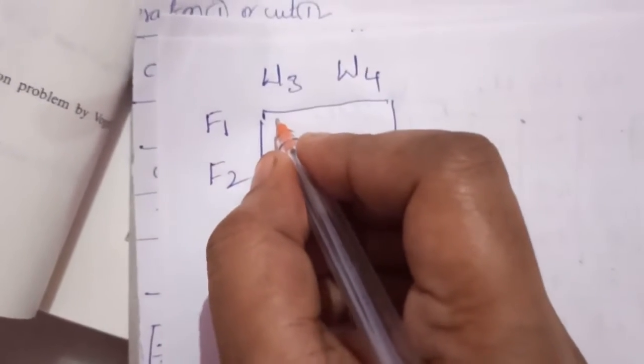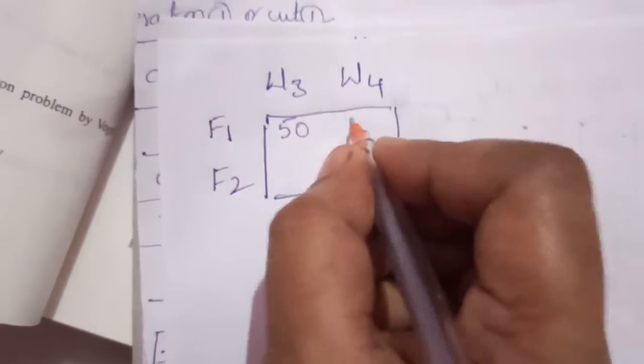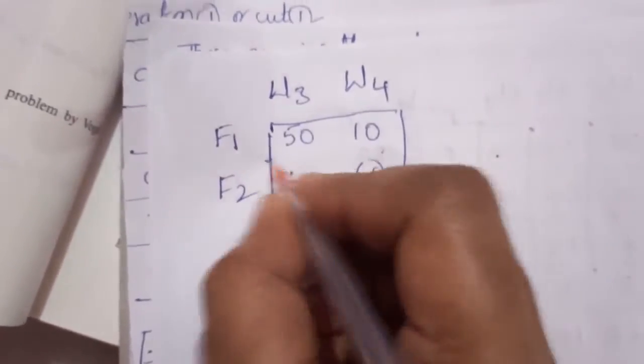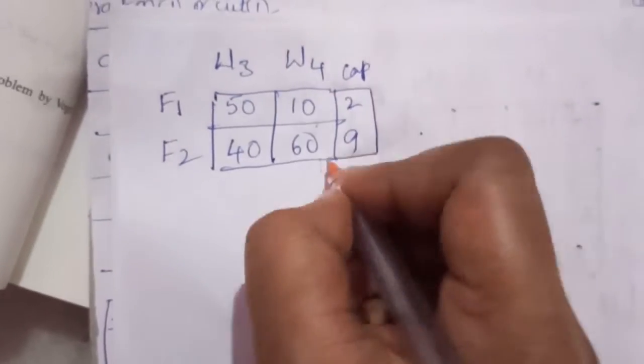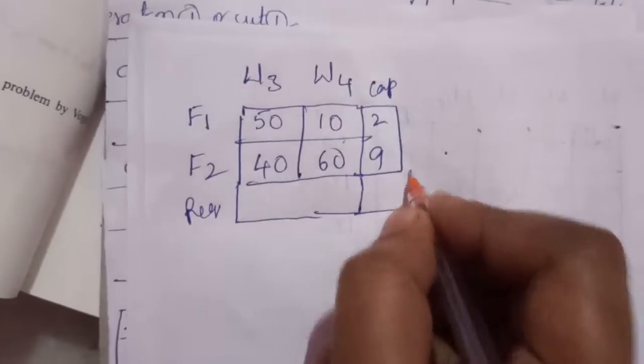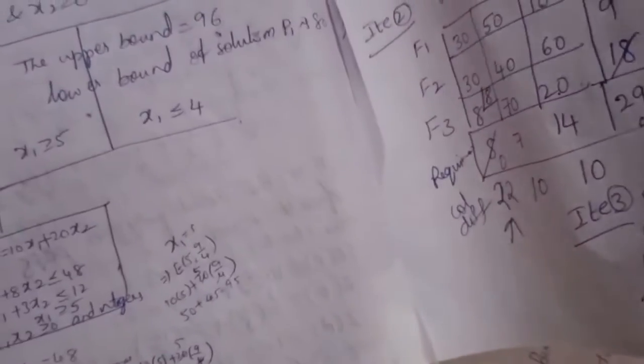Here the values are: W3 F1 is 50 and 10, and F2 values are 40 and 60, with capacity values 2 and 9, and requirement values 7 and 4. So 11, it is balanced.